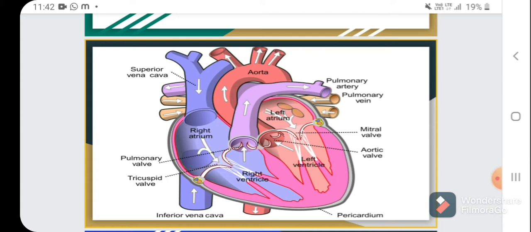Here gaseous exchange will happen. After blood passes through the pulmonary artery, the right semilunar valve, which lies between the pulmonary artery and the right ventricle, closes and prevents the blood from flowing backward into the right ventricle.